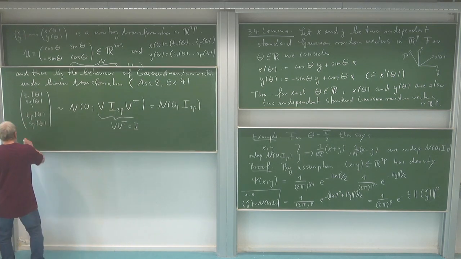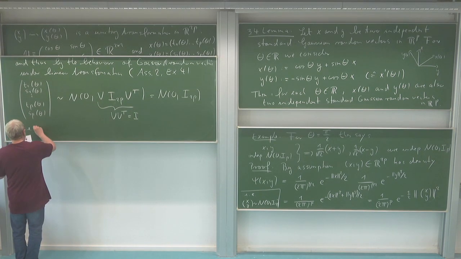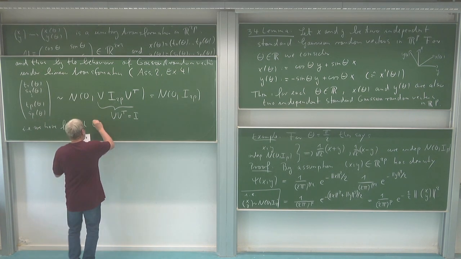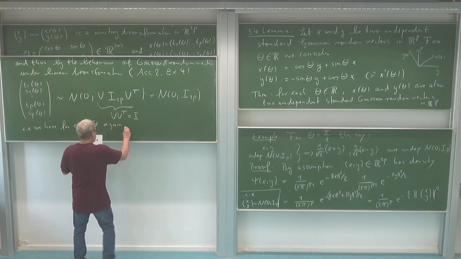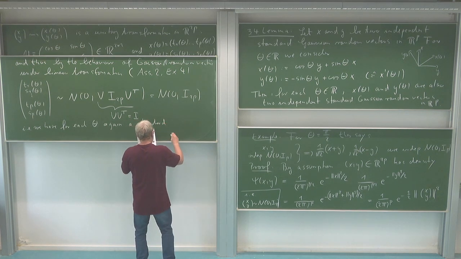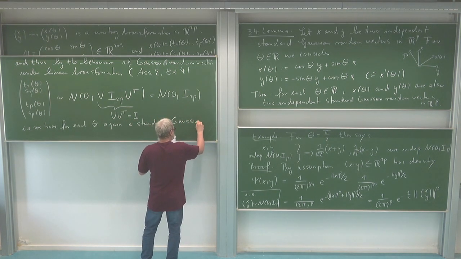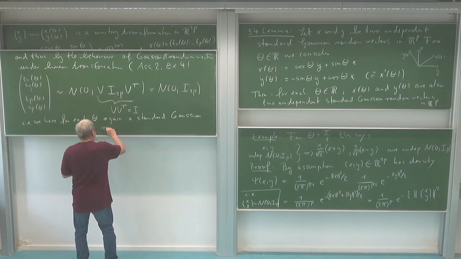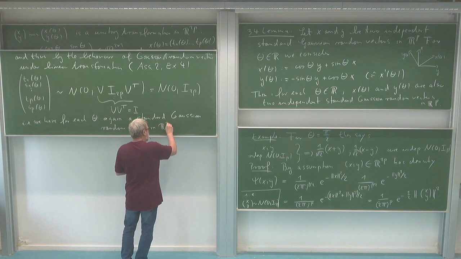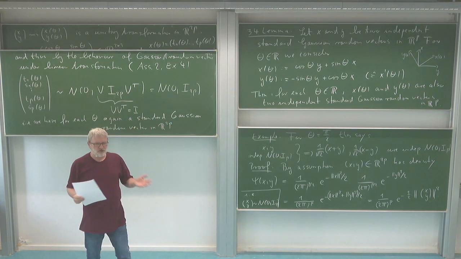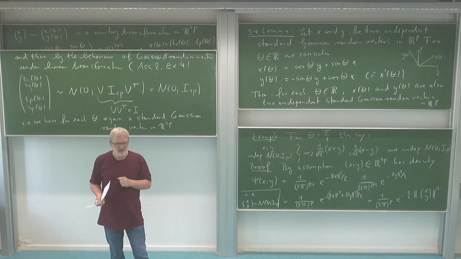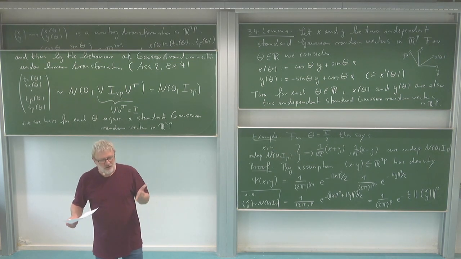So this means we have for each theta again a standard Gaussian random vector in R to the 2p, or this means if I'm splitting my big vector in R to the 2p in two vectors in R to the p, then each of them is standard Gaussian and they are independent.